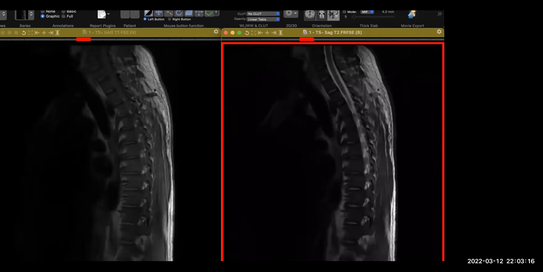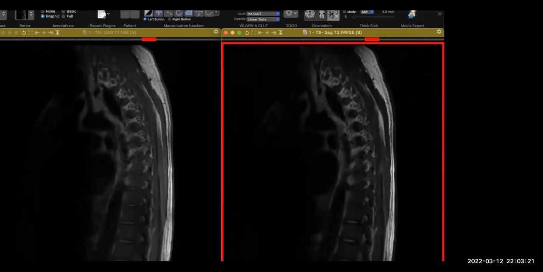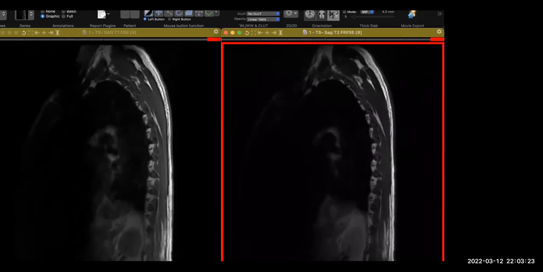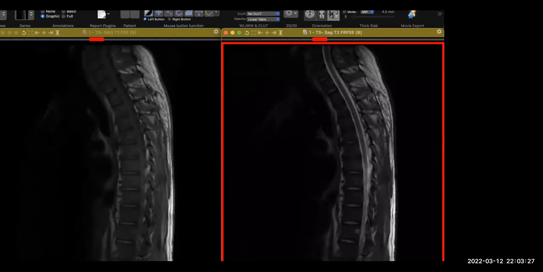I'm just looking at the cord to look for any obvious signal changes, but I cannot see any. The vertebral body heights are maintained. The intervertebral discs appear normal.